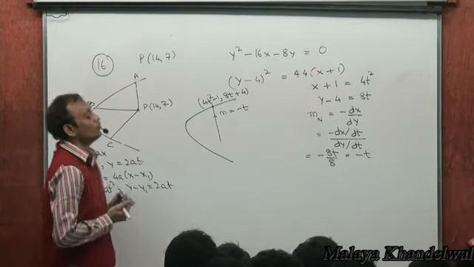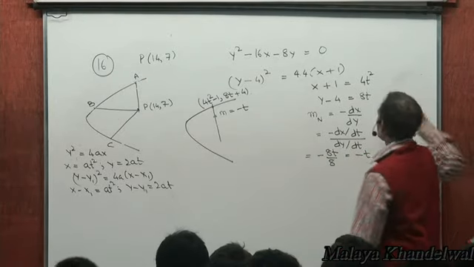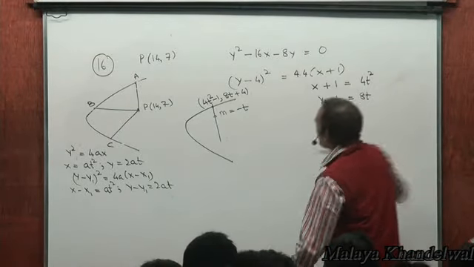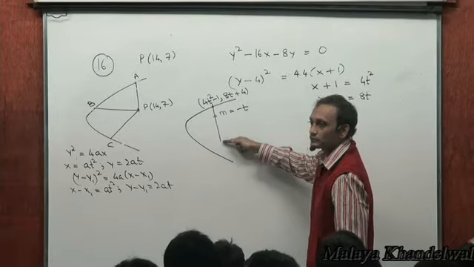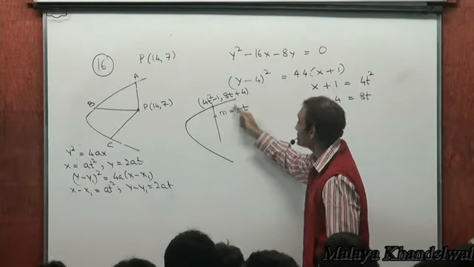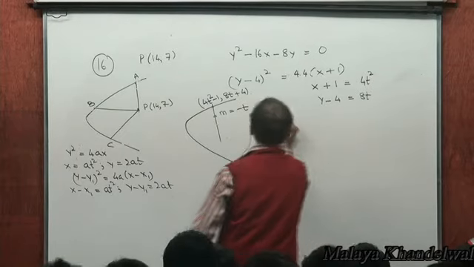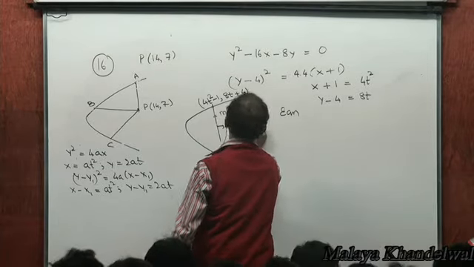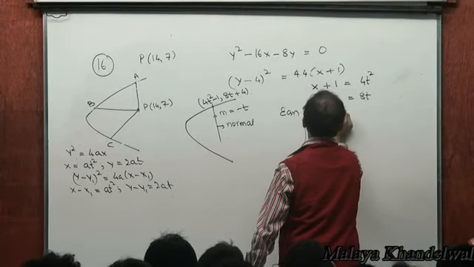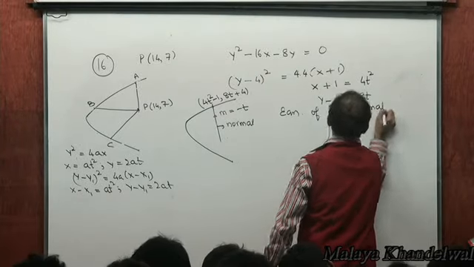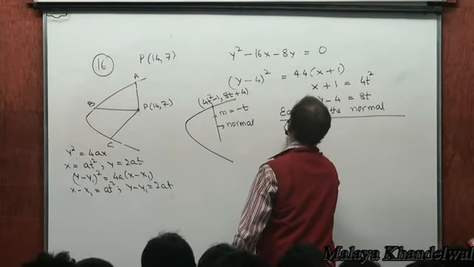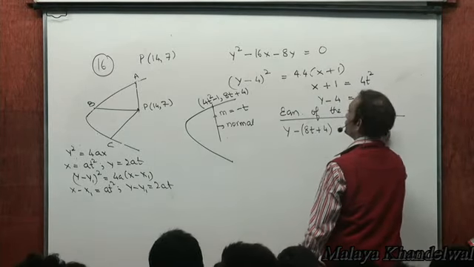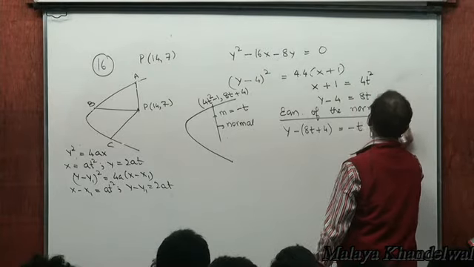Right? Now, so far so good, right? Equation of the normal drawn at this point, right? This is a normal drawn at a t given by this. Slope of the normal is minus t. So the equation of the normal is going to be given by y minus (8t plus 4) equals slope minus t into (x minus (4t squared minus 1)).